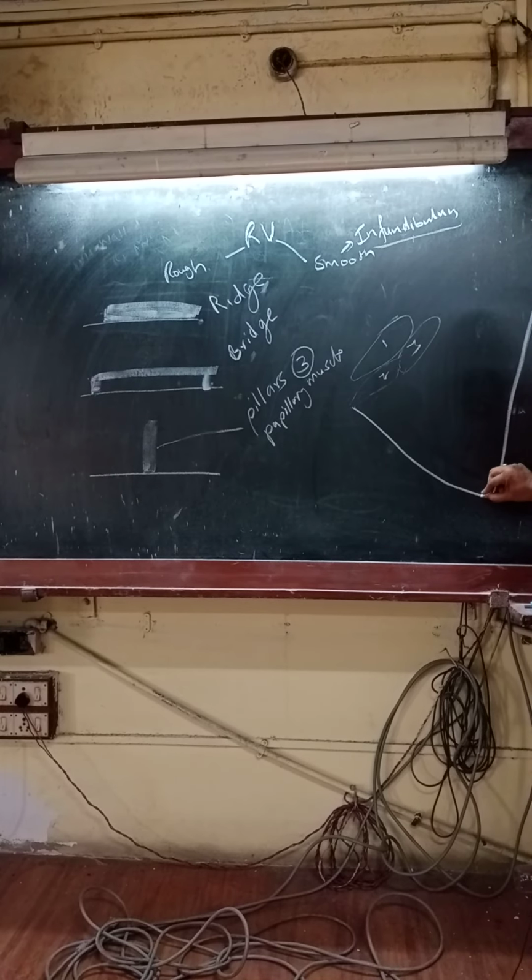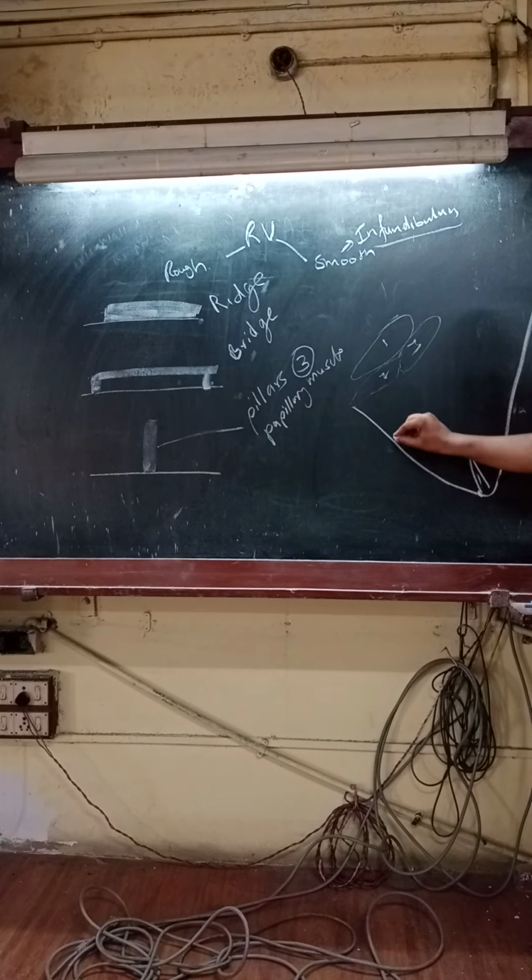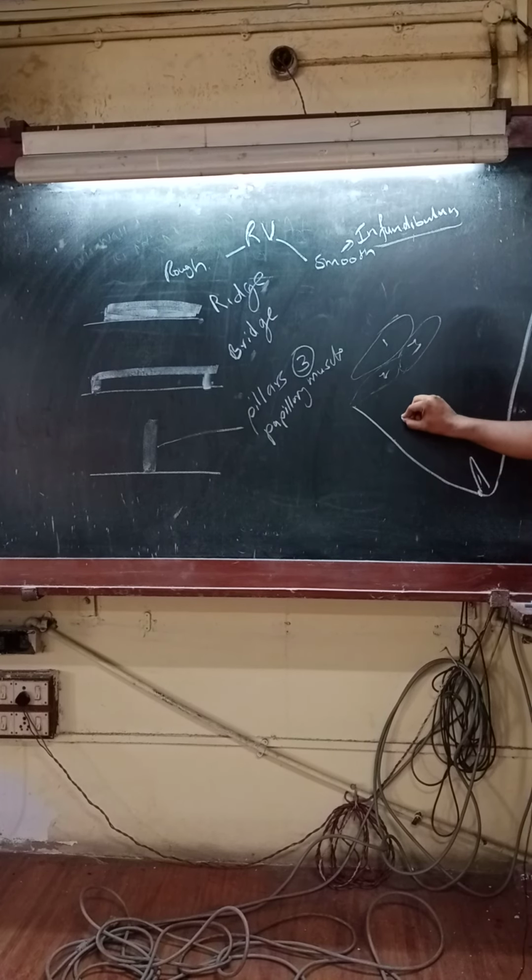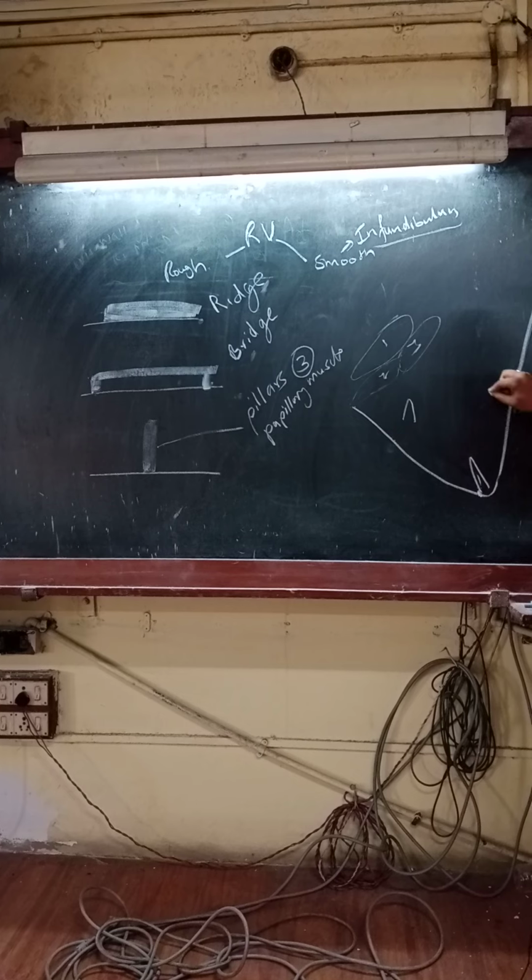And here there will be the anterior papillary muscle. The posterior papillary muscle will be here and the septal is here. Three papillary muscles: anterior, posterior and septal.